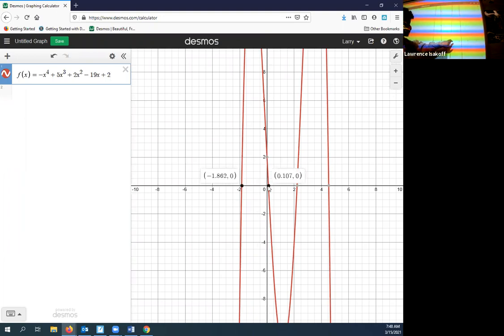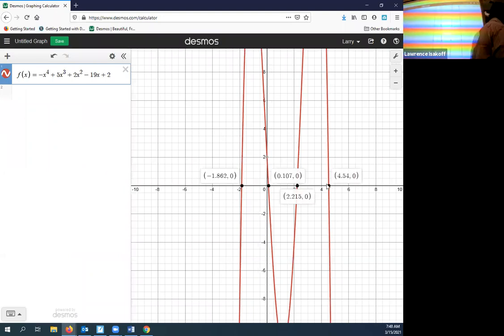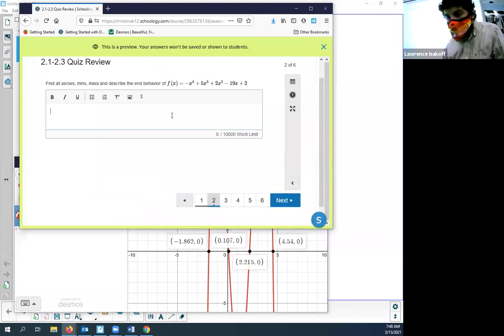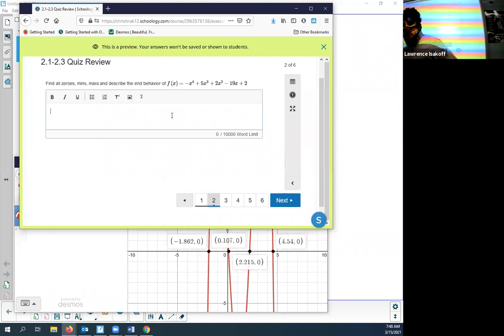Let's see where our zeros are. Oh, these are very inconvenient zeros. They're not whole numbers, not a big deal. Really not a big deal. It's just they're not whole numbers. We'll deal with decimals in this. So let me click on those again. Going across my x-axis, those are my zeros.